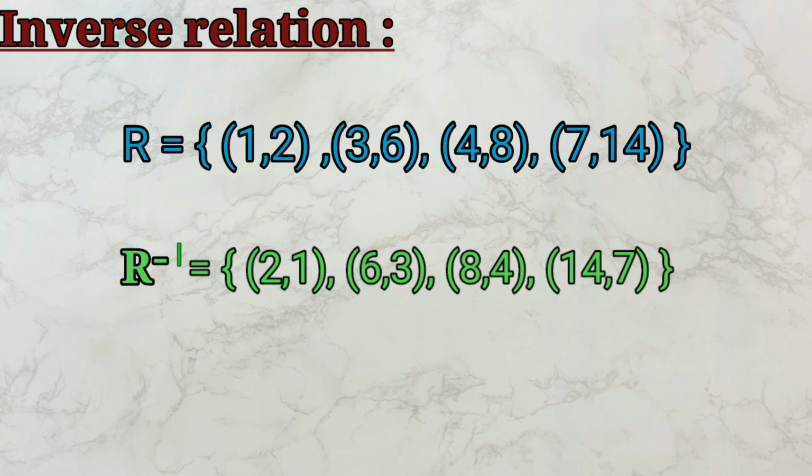Here, to get the inverse relation, we are interchanging the first and second coordinates of each ordered pair of the relation.